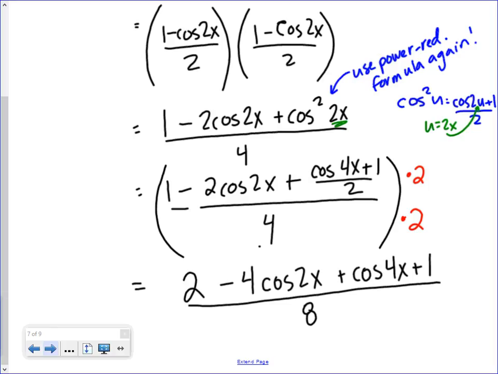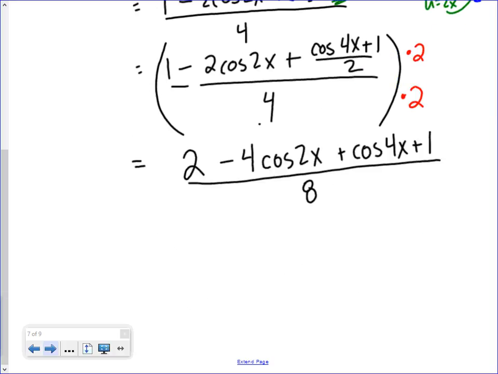You're almost done. By getting rid of that denominator, you now have like terms, 2 and 1. So the 2 can add with the 1 in the back. You should do that. And so I would write it as 3 minus 4 cosine 2x plus cosine 4x all over 8.